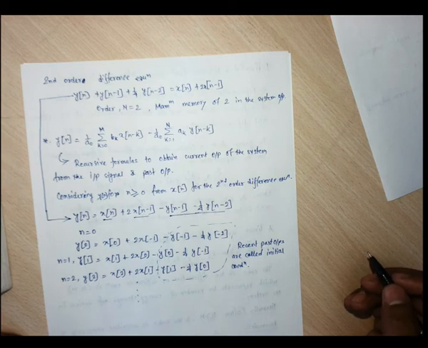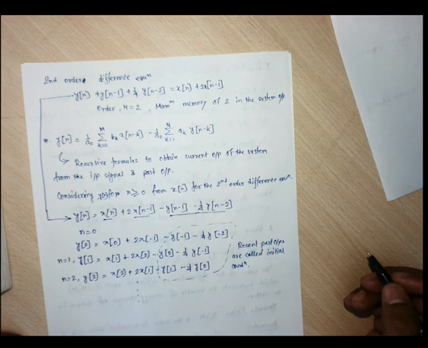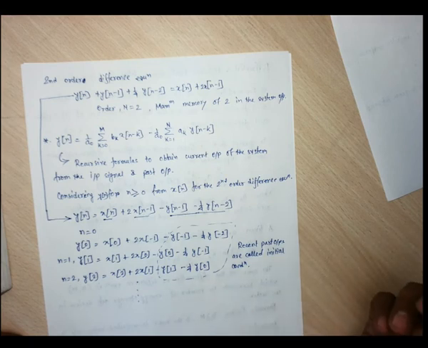No additional information about the past output is necessary other than these initial conditions. In general, the number of initial conditions you require to determine the future output gives you the information about the maximum memory of the system.